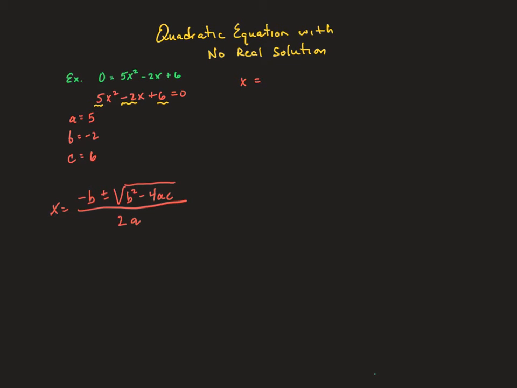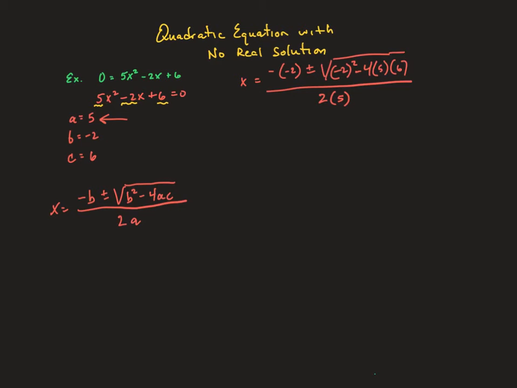Okay, so again, going to substitute in these values. So I'm going to have negative b plus or minus the square root of b squared minus 4, A is going to be 5, and C is going to be 6, all of that over 2a. As we simplify, remember that negative times a negative becomes a positive, and negative squared becomes a positive.